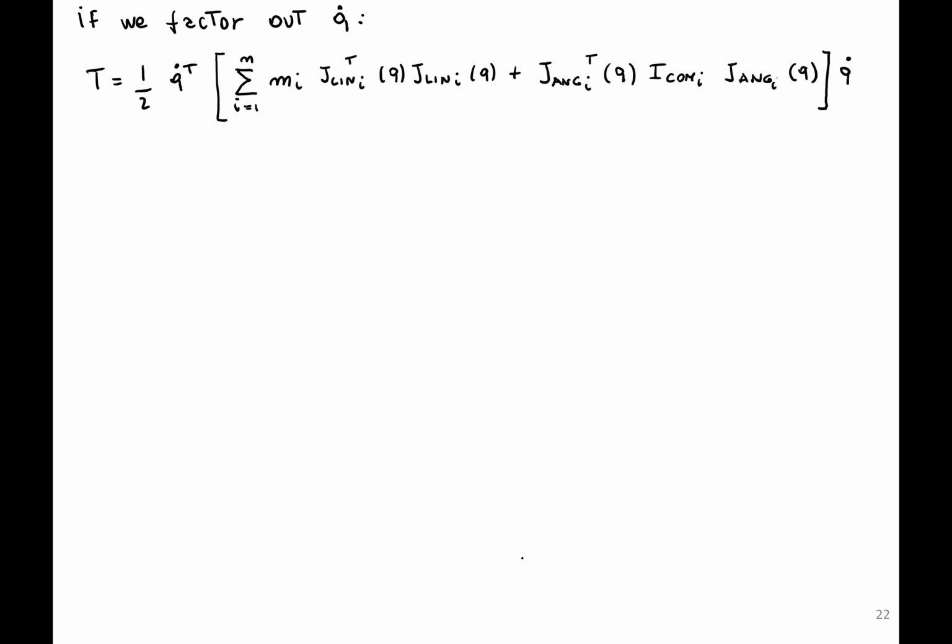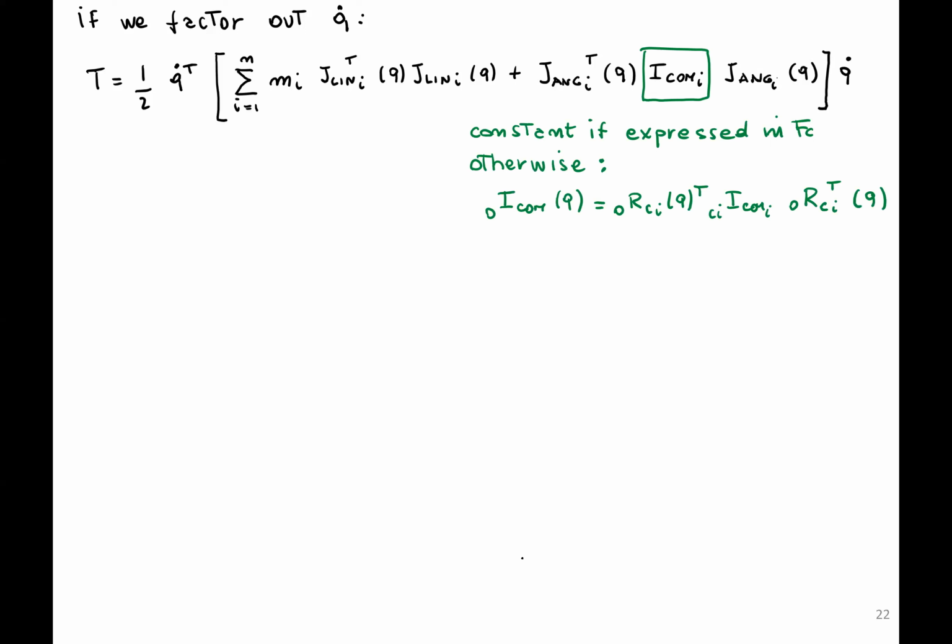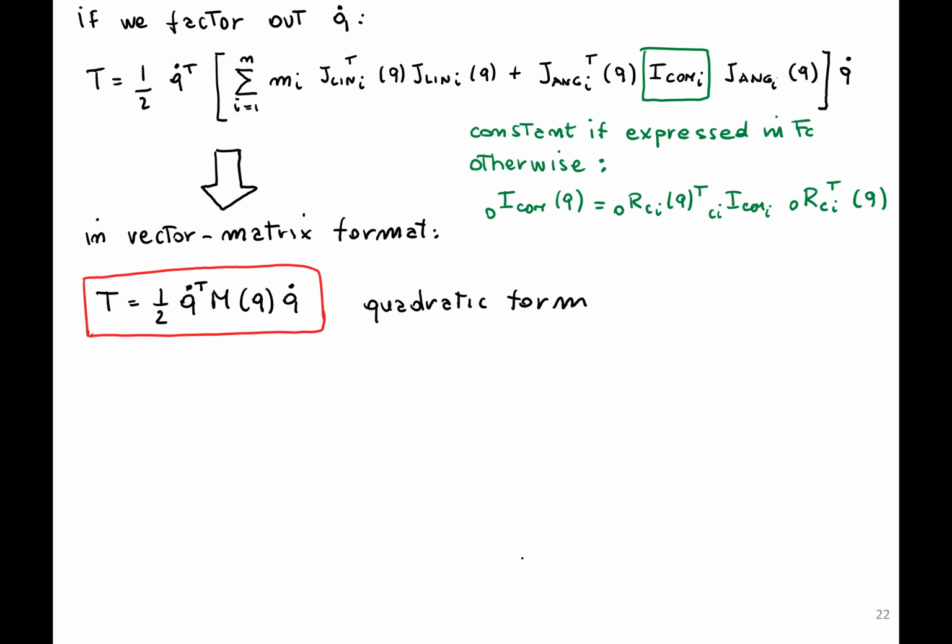So if from the kinetic energy we factor out, we replace v_Ci and omega_Ci with J_lin q dot and J_ang q dot, we see that we can factor out the q dot from all the summed terms, and we end up with an expression that allows us to compute what we called the inertia matrix.